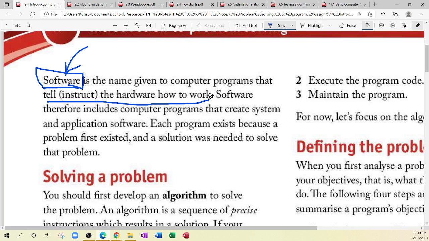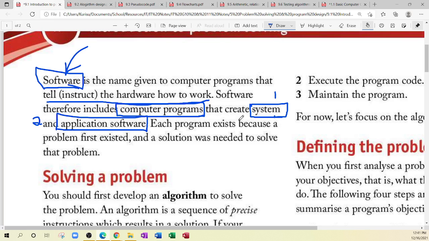So that's how important creating software is. Now, software is basically a term for computer programs. So the computer programs that run your computer, and there are 2 types of software. There is system software, and there is application software.